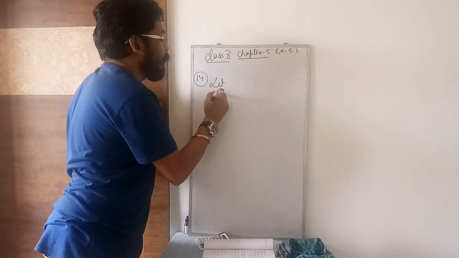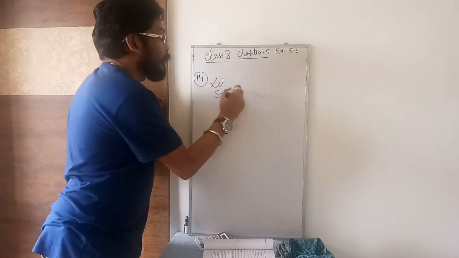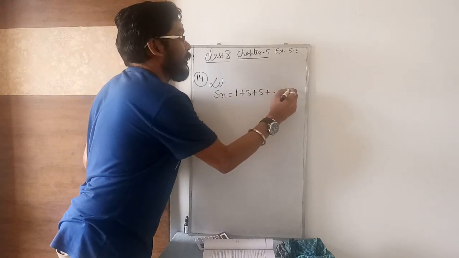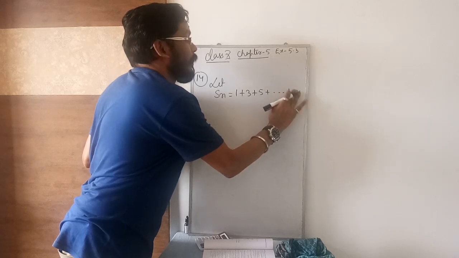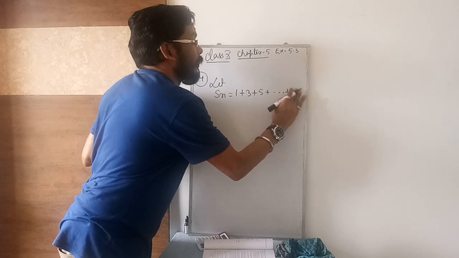Let Sn equal to the sum of odd numbers from 0 to 50. So it will be 1 plus 3 plus 5 and the last number will be 49. This is the series whose sum you have to find.